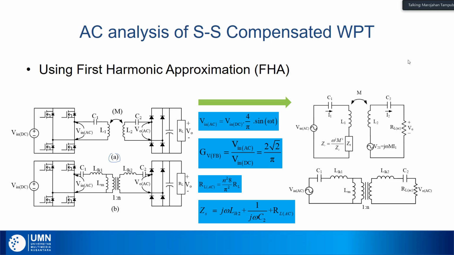So you can see here, because we have DC as the input voltage, we can convert it to AC magnitude, and then we have V in AC here, and the transfer function of AC to DC is 2 square root of 2 divided by pi. And we can also find the equivalent of the DC load RL here by using these equations, the RL AC, n square multiplied by 8 over pi square.